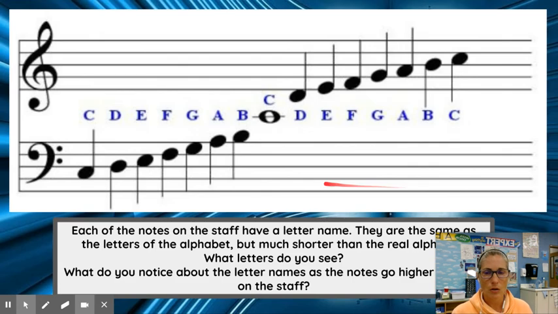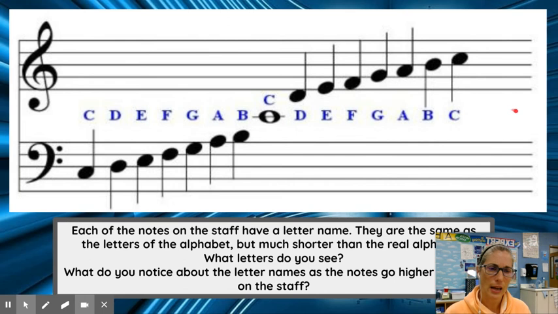So each of these notes can be located on a staff with different kinds of clefs, and they also have their own names based on the letters of the alphabet. So let's look at these letters of the alphabet. C, D, E, F, G, A, B, C, D, E, F, G, A, B, C. If we were to keep on going, what letters would we have now?